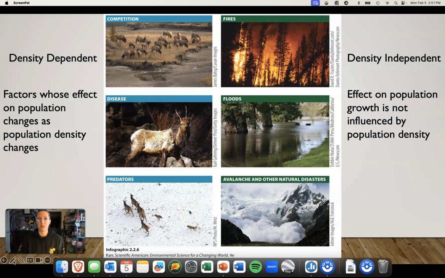Predators can take folks out as well. Whereas density independent ideas give way to the fact that the effect on population growth is not influenced by population density. So this is more like natural disaster sort of things. So things like fires, floods, and avalanches and other natural disasters.